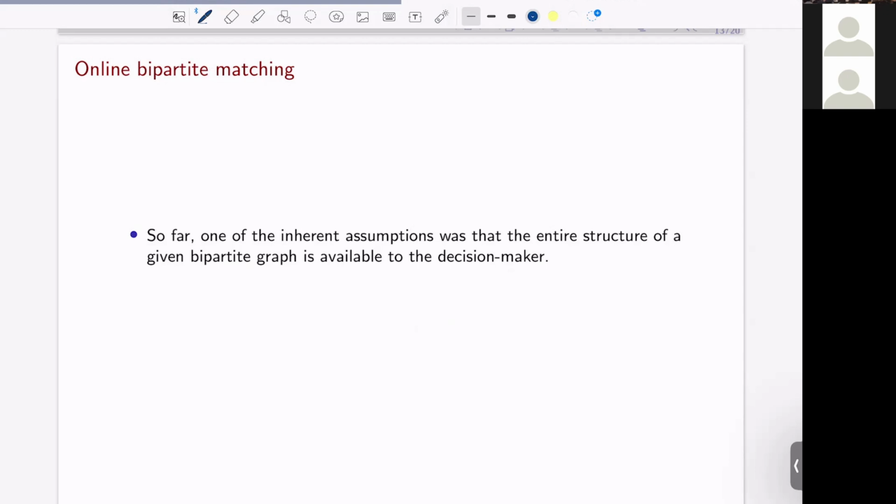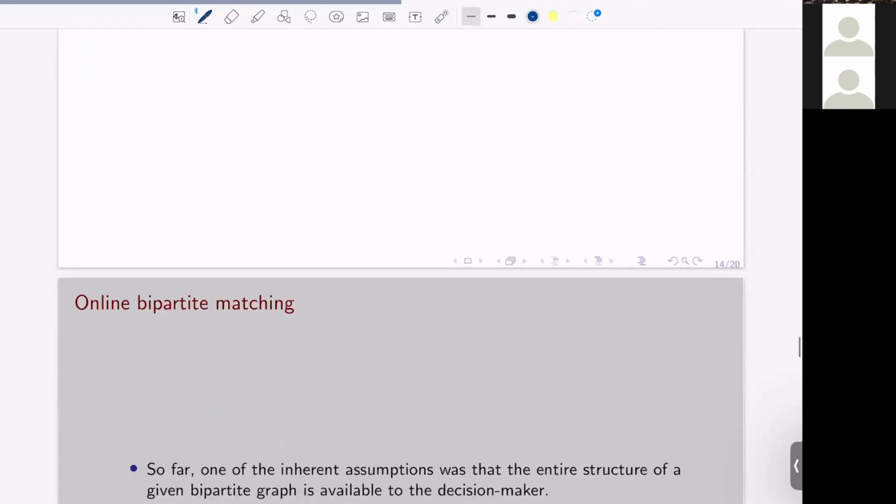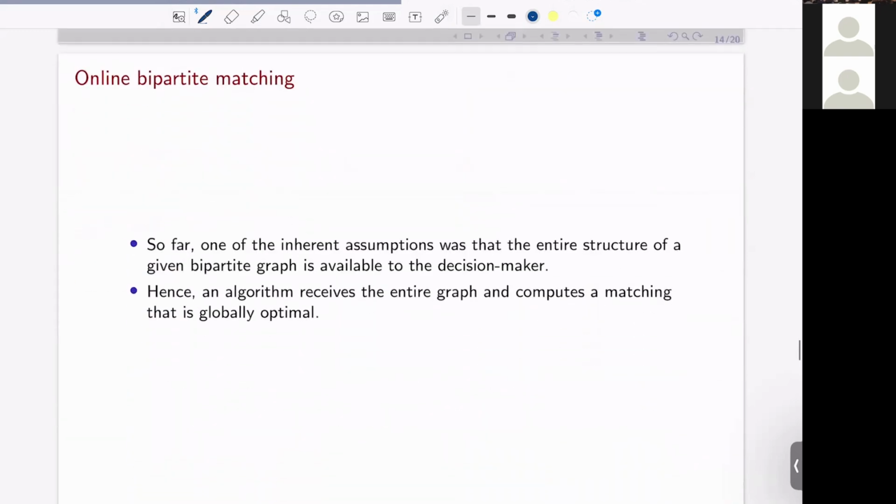We have the list of all vertices and all connections and edges. We look at this global bipartite graph like a market mediator, looking at all these connections and finding an assignment between two parties. But maybe that's not a practical scenario in real-world problems.